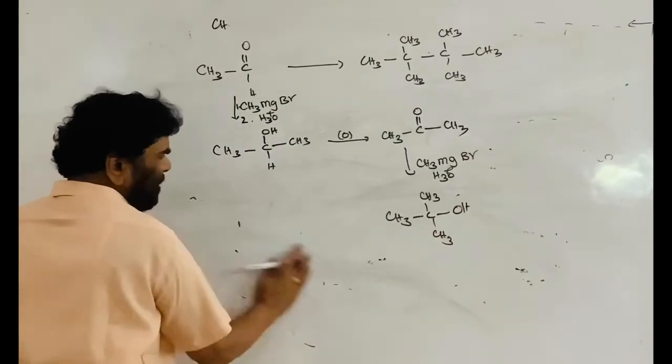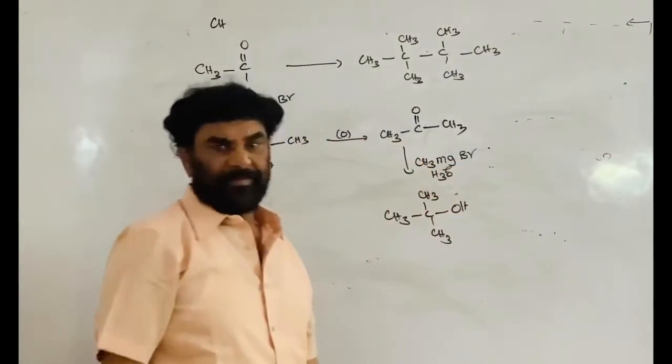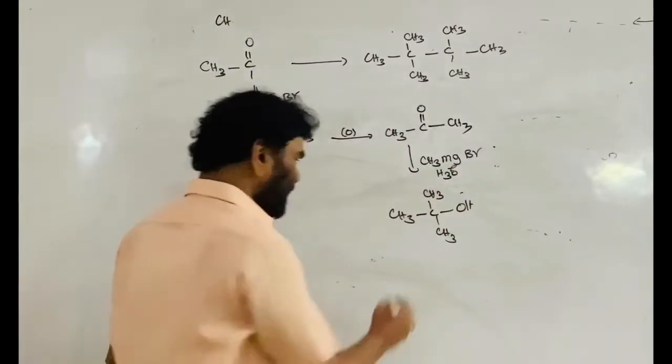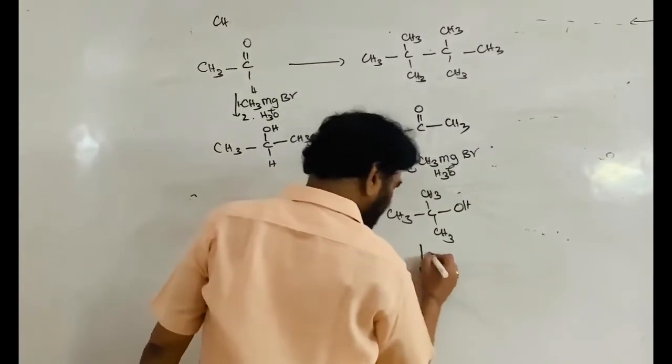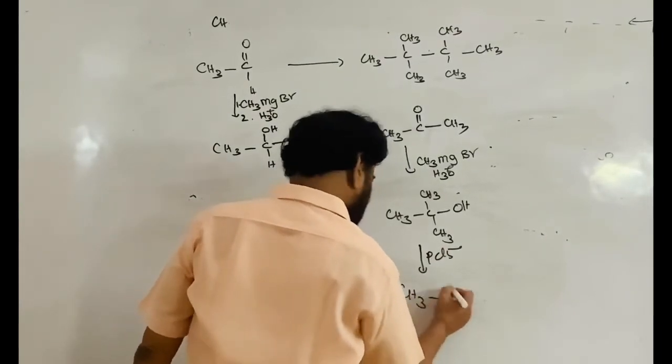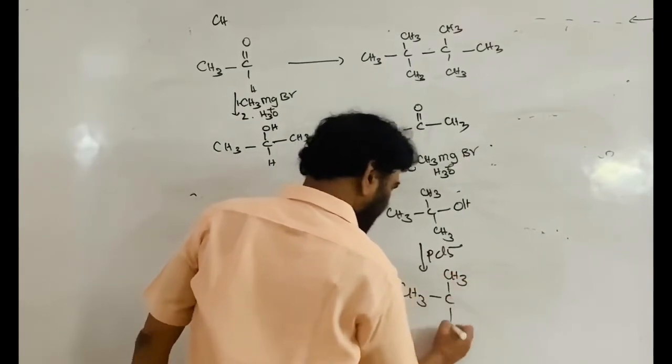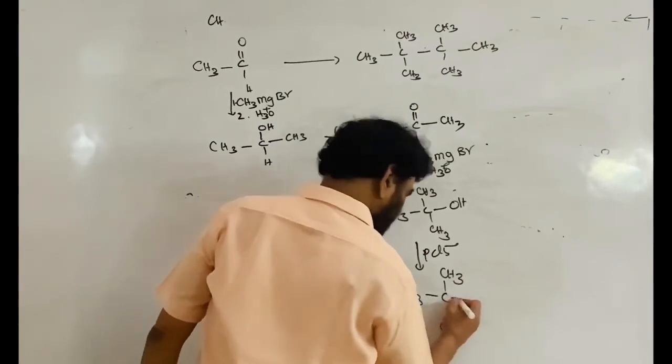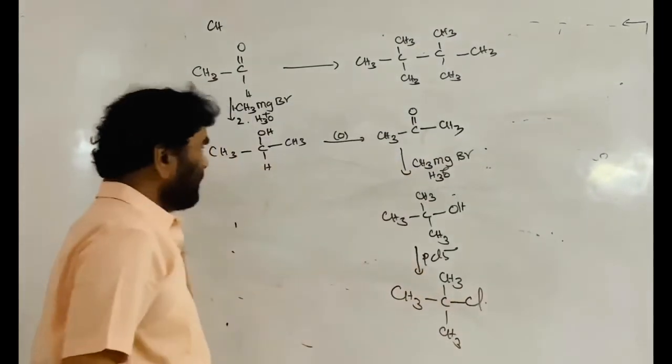You know the mechanism of all these reactions. Now, treat with PCl5 or PCl3, any phosphorus halide. This is chloride.